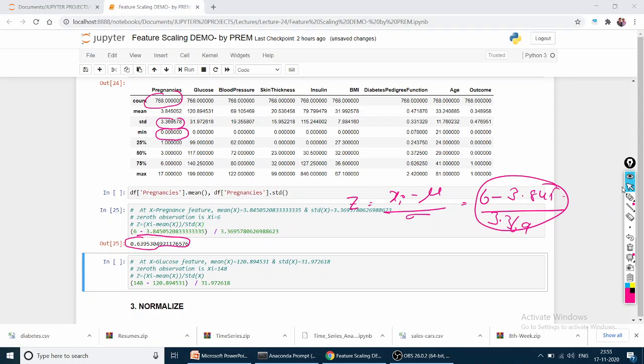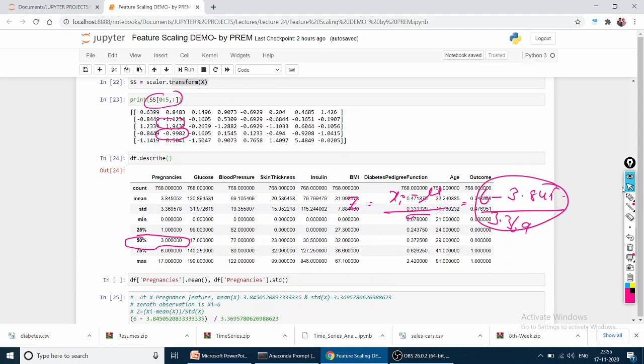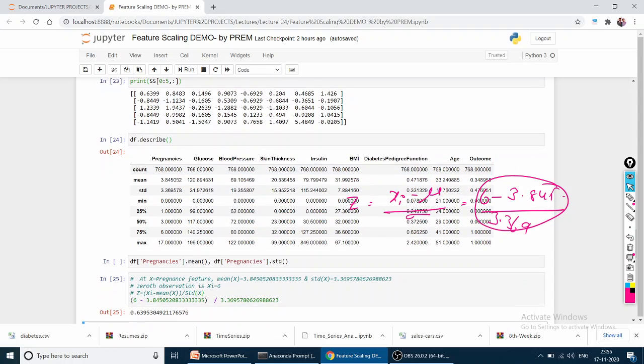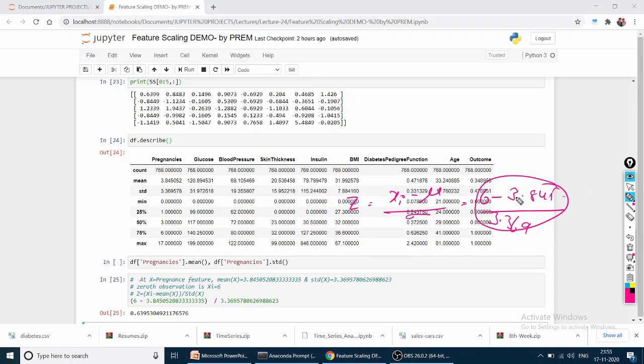You can compare this value. See what value we got, 0.6399. So this value is approximately this value.